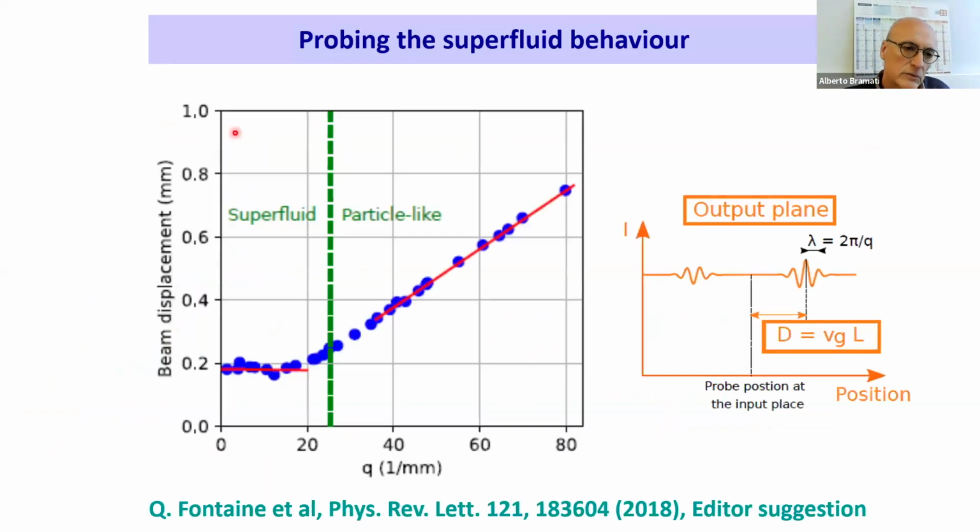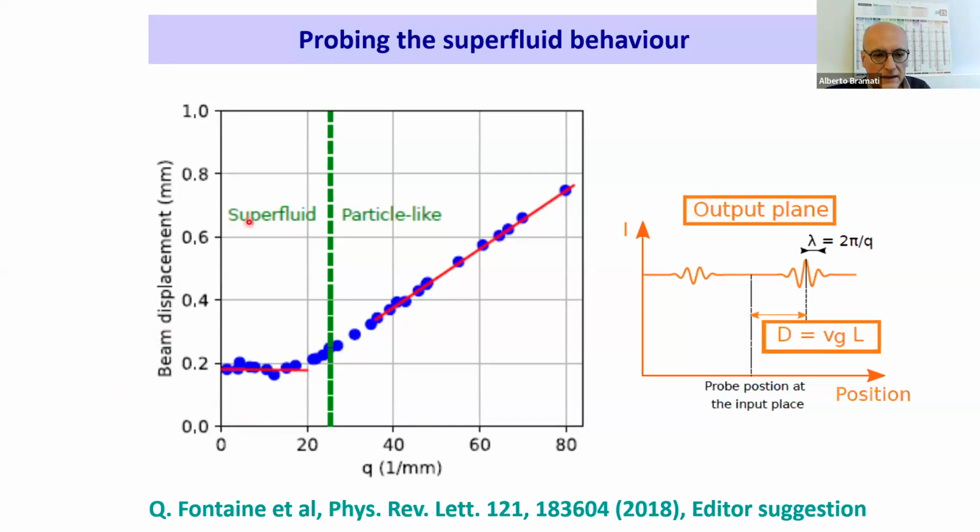Indeed, what we have measured, we can see here, is the displacement as a function of the wave vector of the perturbation. And we can see that for small wave vector, basically the displacement is constant, the same displacement independently of the wave vector. This means that the group velocity of the perturbation does not depend on k, on the wave vector, for small wave vector.